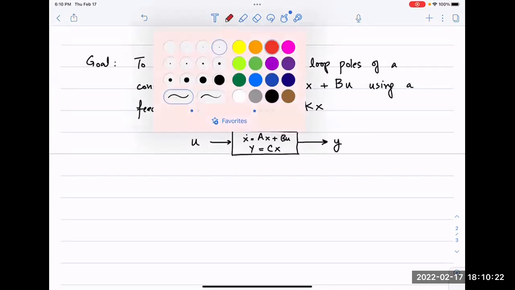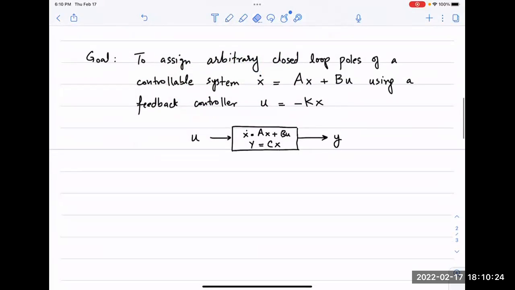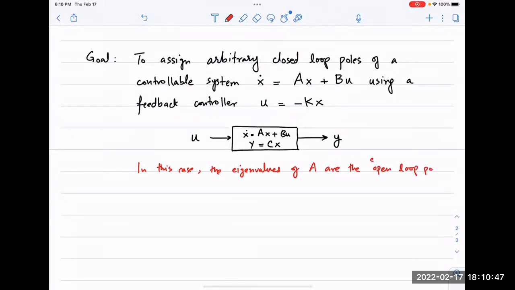Remember, the poles of the system are the eigenvalues of the matrix A. So eigenvalues of A are the open loop poles. Once you implement the feedback controller, the new poles of the system are called closed loop poles.